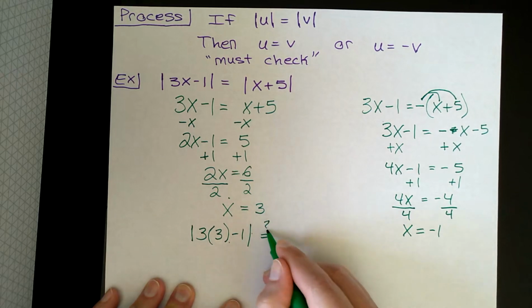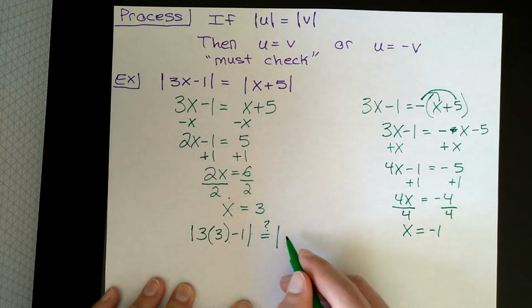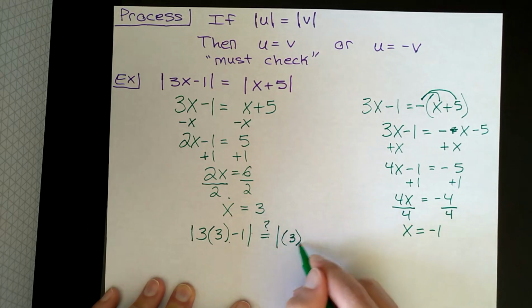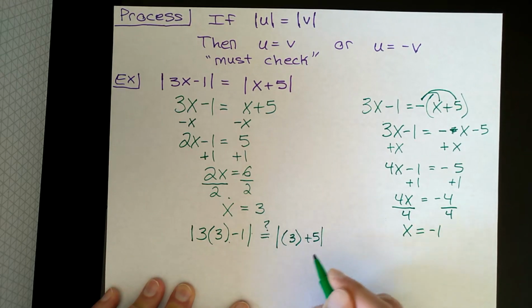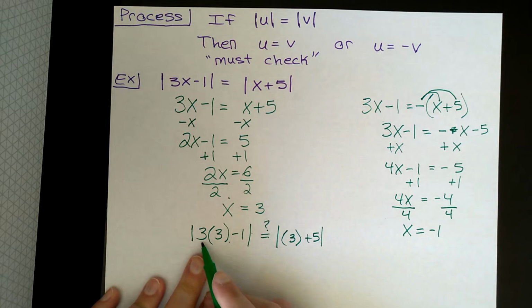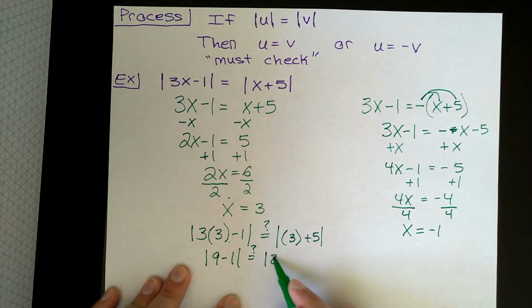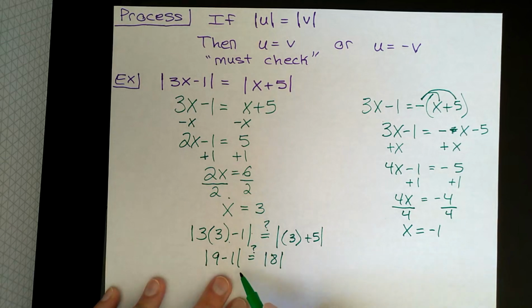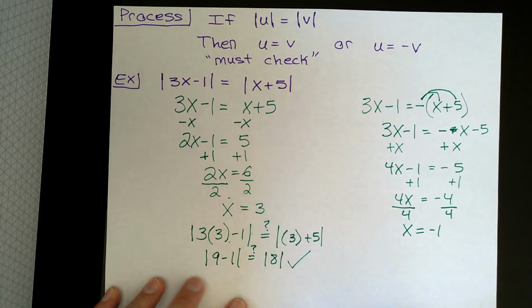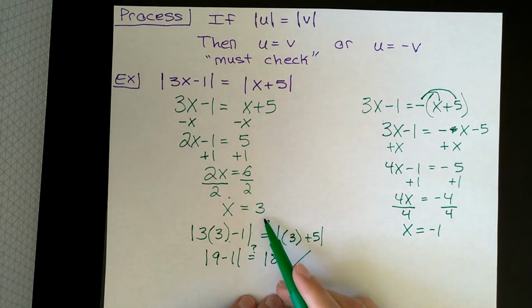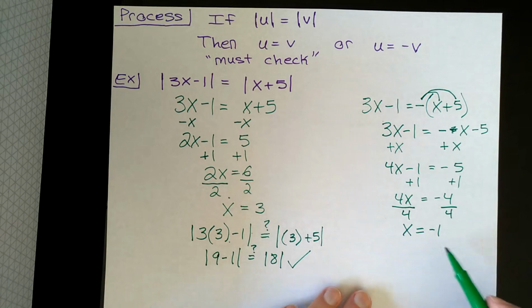We want to see if that's equal to the absolute value of x plus 5, so the absolute value of 3 plus 5. 3 times 3 is 9, so the absolute value of 9 minus 1, we want to check if that's equal to the absolute value of 3 plus 5 is 8. And yes, this checks out. The absolute value of 9 minus 1 is the absolute value of 8. So x equals 3 is one of our answers.